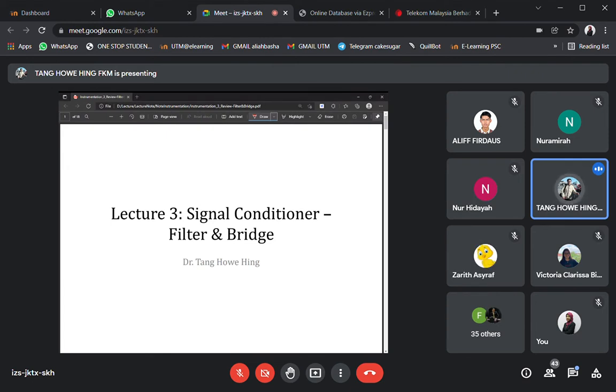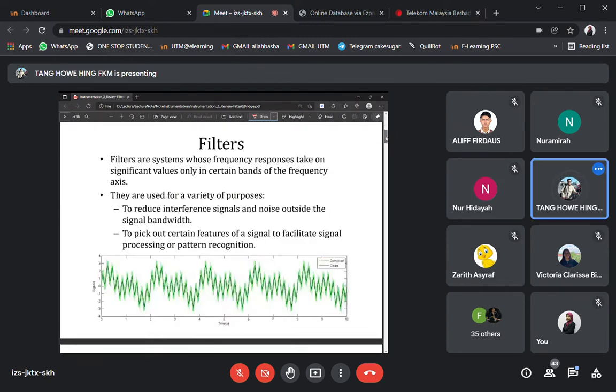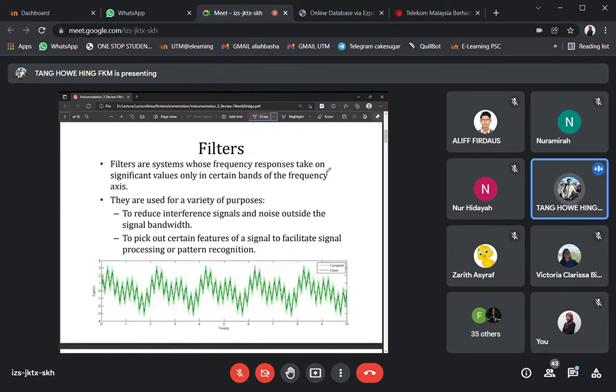All right. So for these filters, the main use of it is to filter out the noise. As you can see in this graph, the green color is the noisy signal produced by the sensors, and usually these signals will be very noisy and contain a lot of spikes.